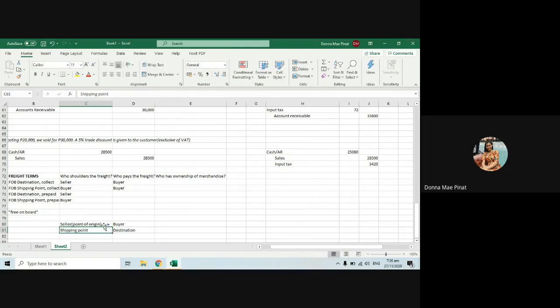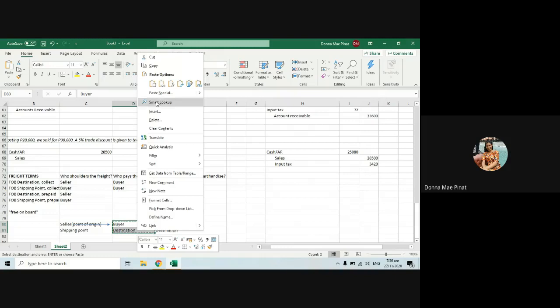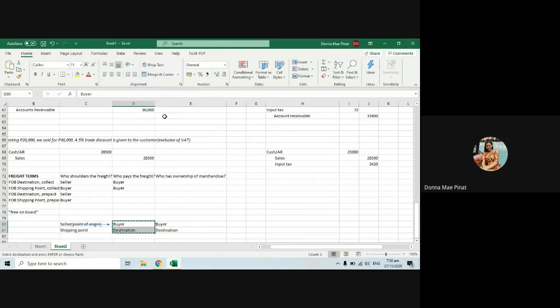Prepaid meaning gibayran daan, like prepaid insurance, prepaid expense, prepaid rent. So sa point of origin pa lang, gibayran na siya daan. So, when it's prepaid, ang nagbayad ana is si seller. Okay? So, I hope na-gets.